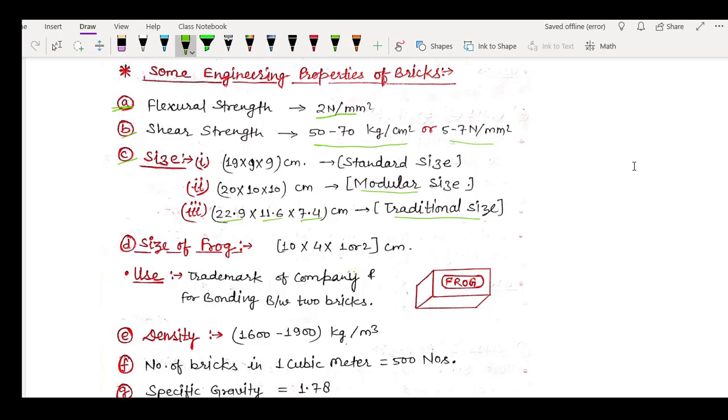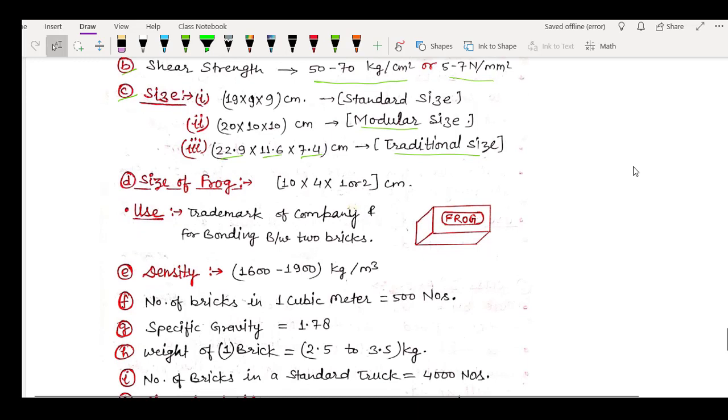So the fourth point is the size of frog. There is a new term here, frog. So what is frog? You must have seen in the brick that there is a depression here, or indent you can say, where the company mark or some name is written. So it is known as frog. What is its importance, why is it to be provided? Frog is provided to give a hold to the brick when placed in the masonry or wall.